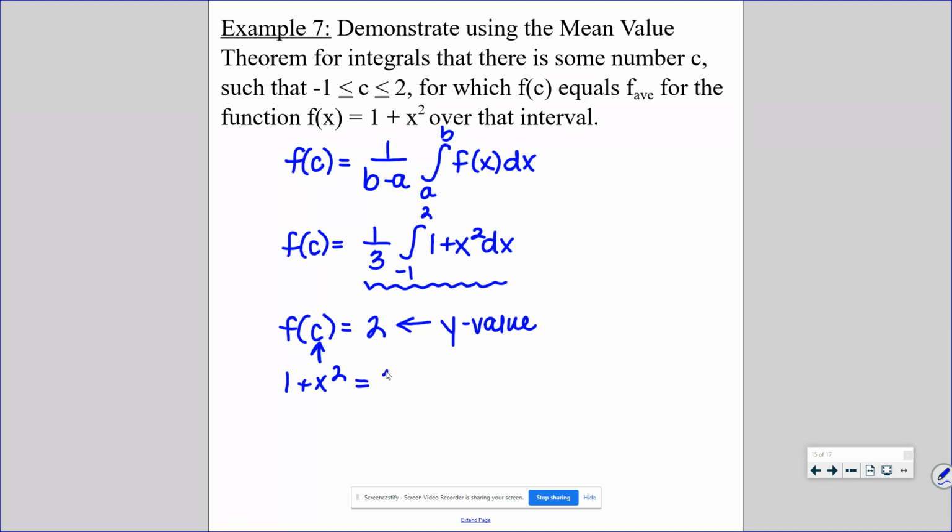Doesn't really matter. And you're going to figure out what x value gives me a y value of 2. Okay, so you're just going to solve this like an equation. Subtract the 1, square root, and you get plus or minus 1. However, -1 is in the interval. Actually, I guess both of those would work, wouldn't they? So you get x is equal to +1 or x is equal to -1.